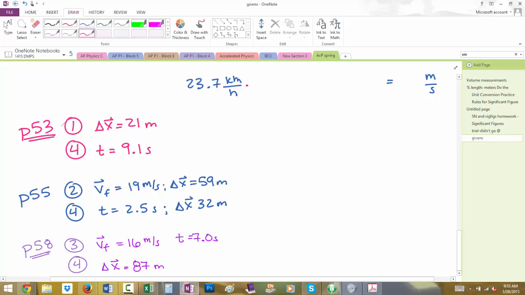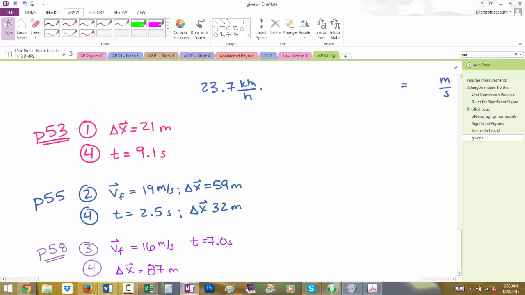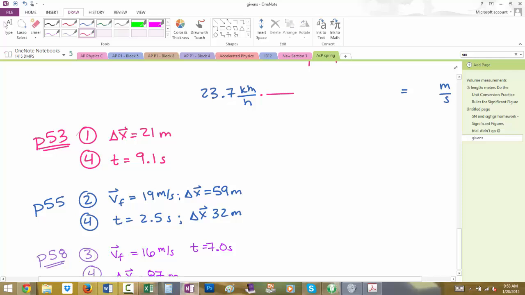If I want to convert from hours into seconds, how many seconds are in an hour? 60. Careful though. A lot of people gut feeling say 60. We have to think about that. So you can either do 60 times 60, which gives you the 3,600, or you can write it out one step at a time. Either way is fine.